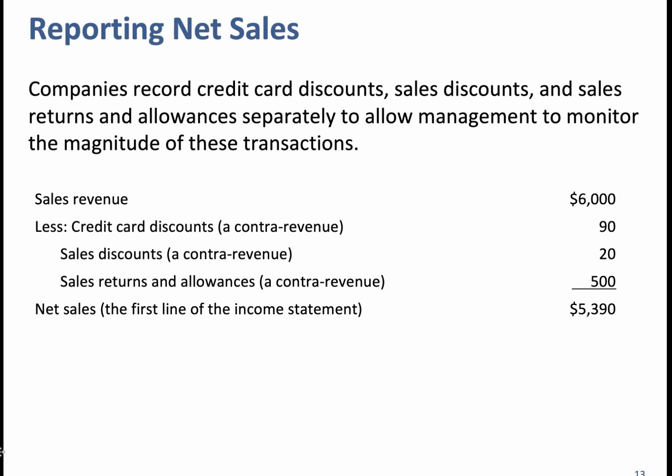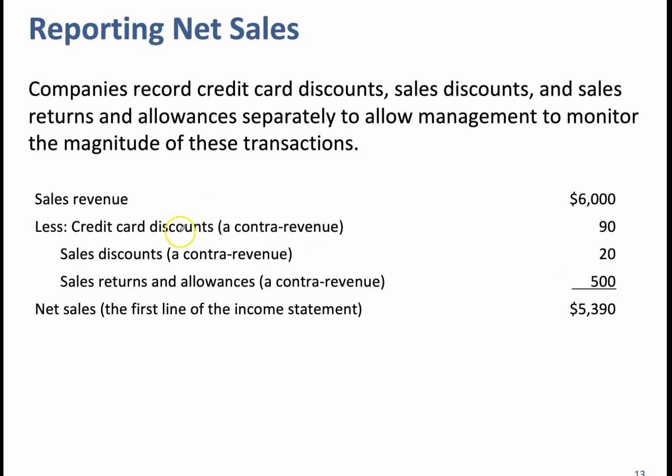Okay, now let's take a look at the reporting of net sales, which is an important measure, and I'll tell you in a couple of minutes why it's important. So we start with the total sales the company had made, which is $6,000. That has to be net of the credit card discount fee, $90, the sales discount if someone pays us earlier, which would be $20, and also the returns and allowances, $500, as we just indicated.